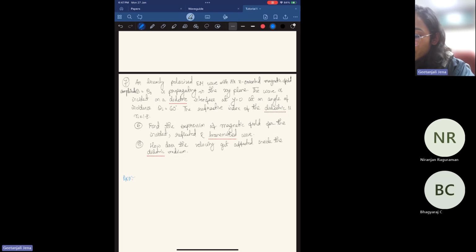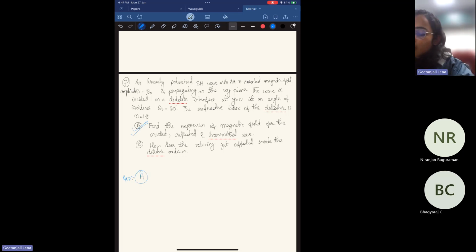The wave is incident on a dielectric interface at y equal to 0 at an angle of incidence theta of 60 degrees. The refractive index of the dielectric is 1.8. So the first part is to find out the expression of magnetic field for the incident, reflected and transmitted wave.